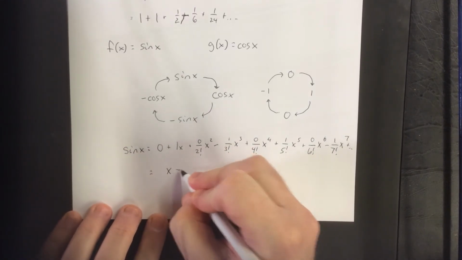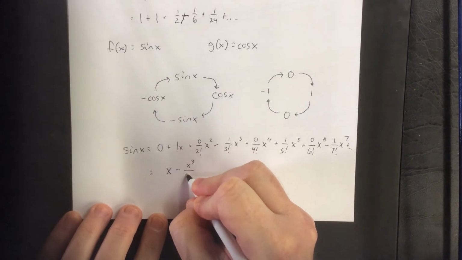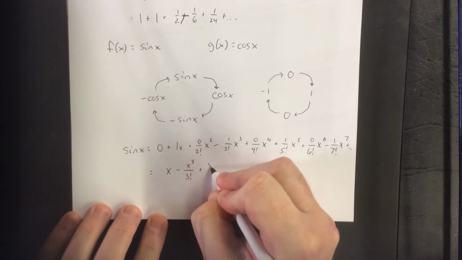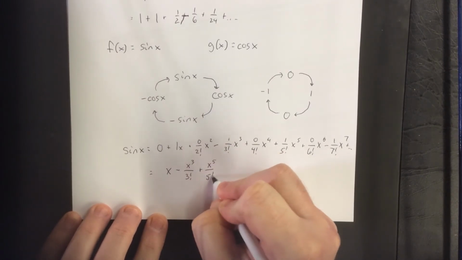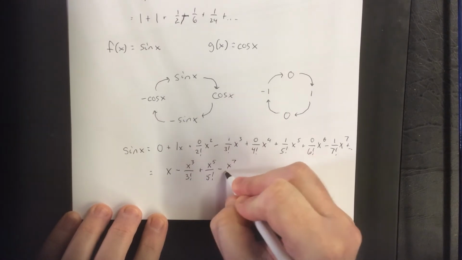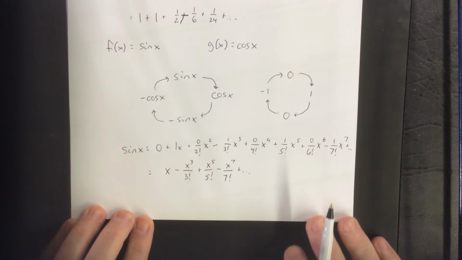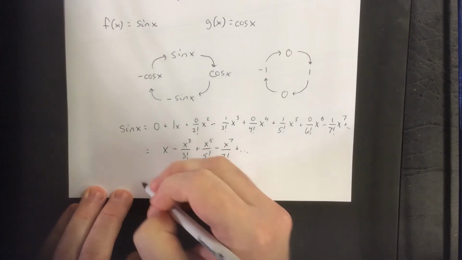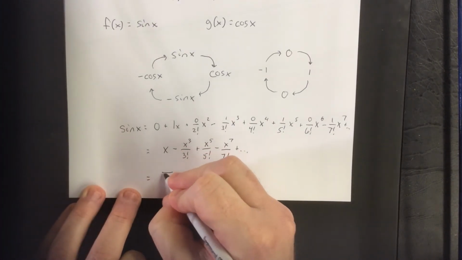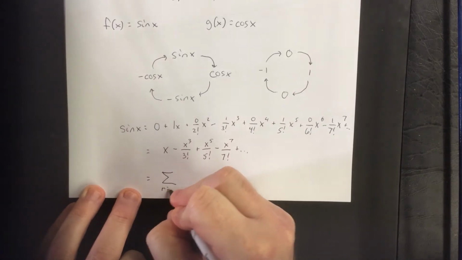Now expressed in a slightly more compact fashion, we'll get the following. You'll notice that this is an alternating series and that the powers are going up 2 at a time. As a result, the Maclaurin series representation of the sine of x takes on the following pattern.